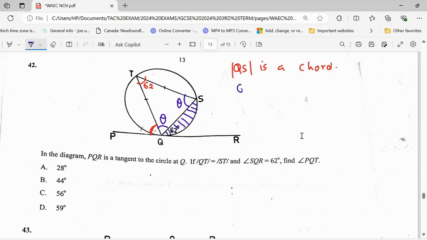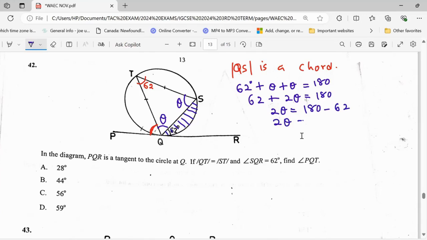So if I add 62 degrees plus theta plus theta, it gives me 180 degrees. I have 62 plus 2 theta equals 180 degrees. 2 theta equals 180 degrees minus 62 degrees. 180 minus 62 is 118 degrees.